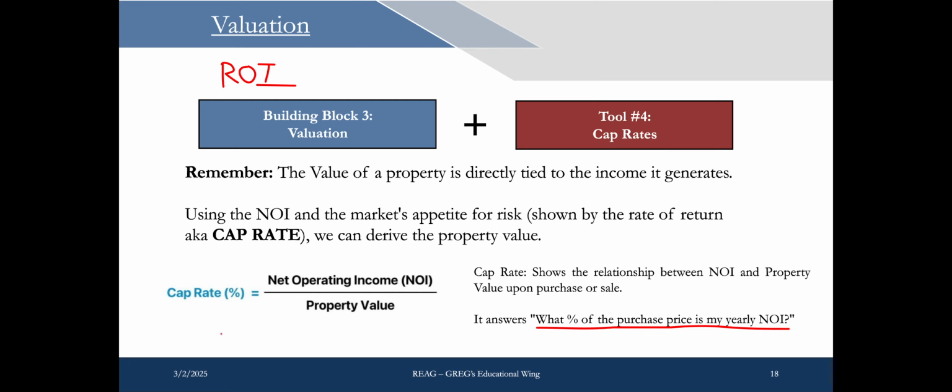So if I spend $1 million, and my NOI is 50K, my cap rate would be 5%, right? That's my real estate world's ROI. So if we know this cap rate and we know our NOI, but we don't know our property value, we can find either one. So it's very, very valuable and useful.